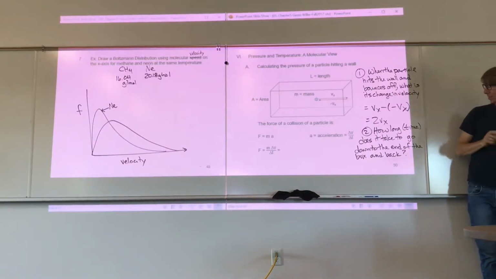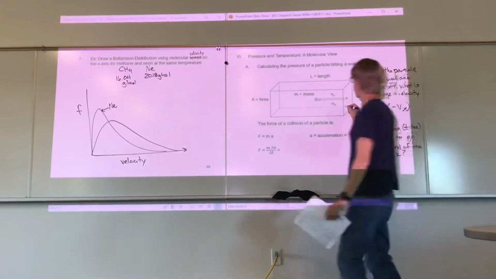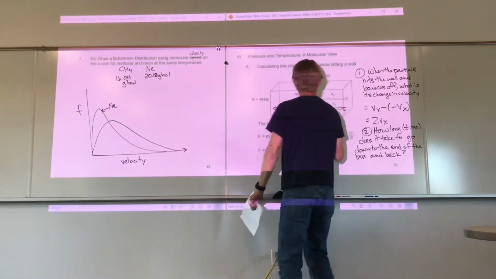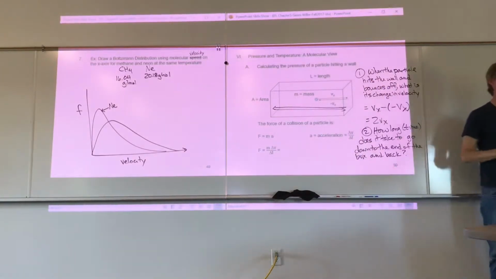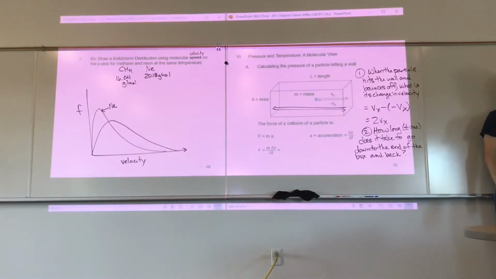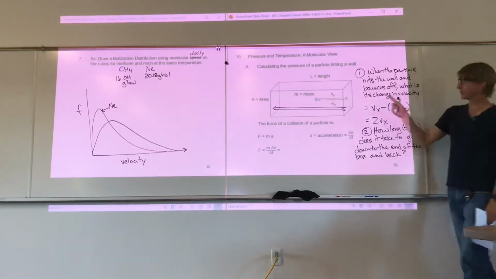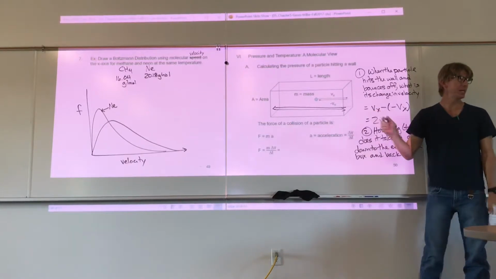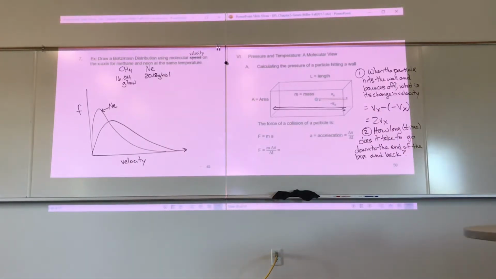How long does it take to go from here down to one end and back? Leo? Is it 2L over V? 2L over V. So the length, it's going to be length divided by how fast you're moving, right? If I'm moving 1 meter per second, well, wait a minute.